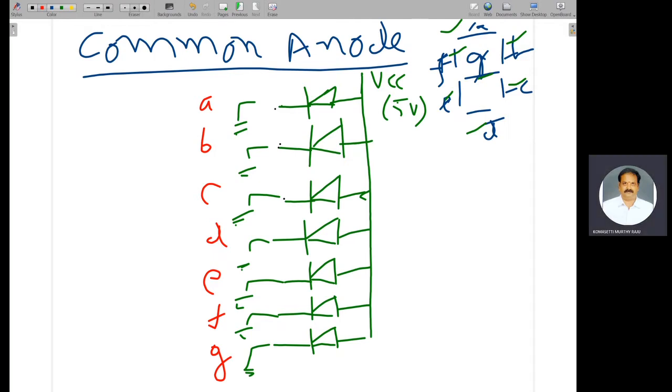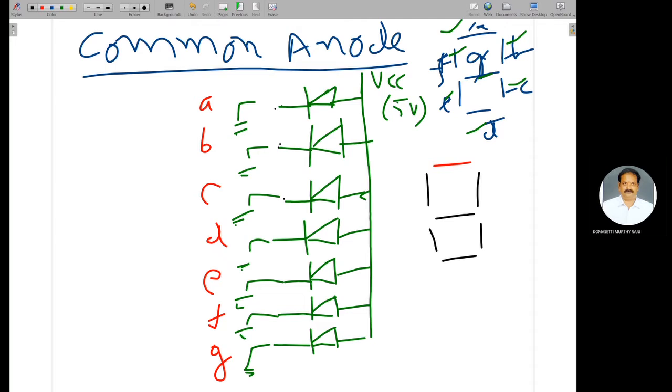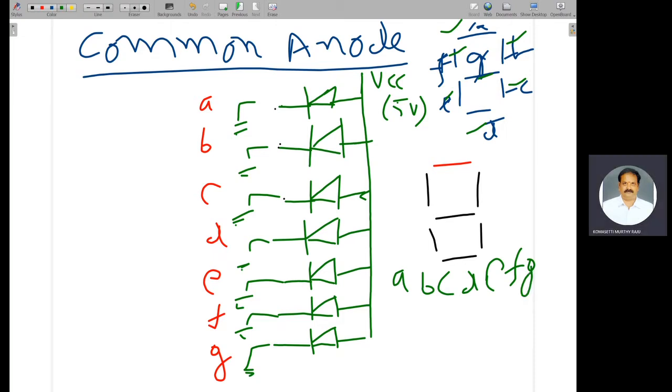Suppose A is on, the remaining are off. Black color indicates off. Here A, B, C, D, E, F, G, and the DP, decimal point. A is connected to 0.